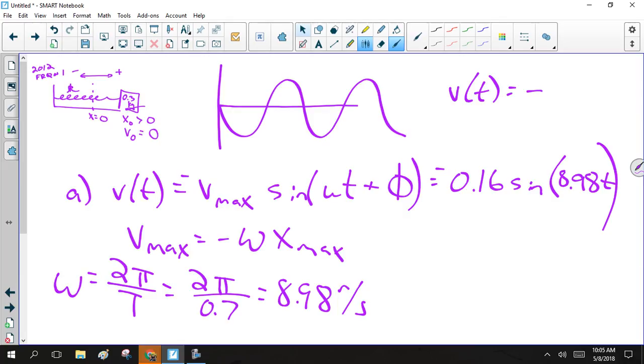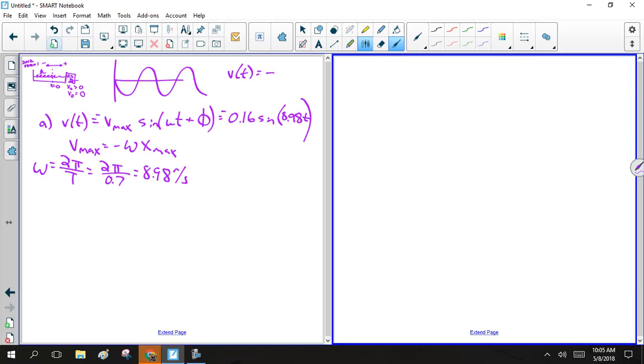Okay, part B: given that the equilibrium position is at x equals 0, determine the equation for x of t, including numerical values. So this was all part A. So part B wants to know an equation for position at time t. In general, our position at time t should be x max cosine of omega t.